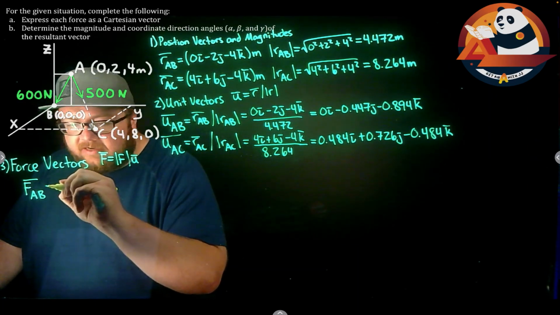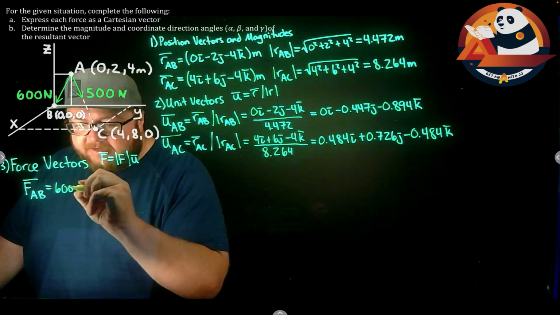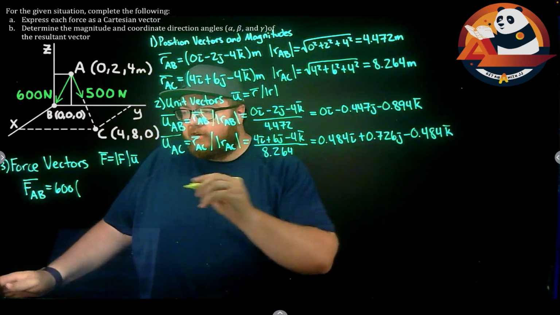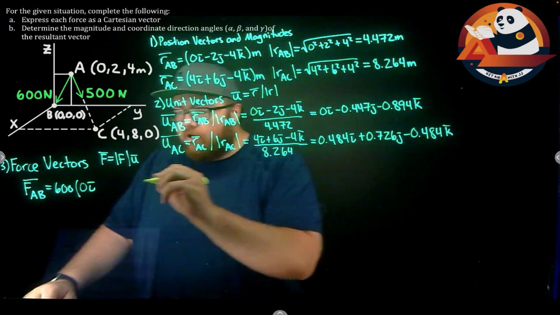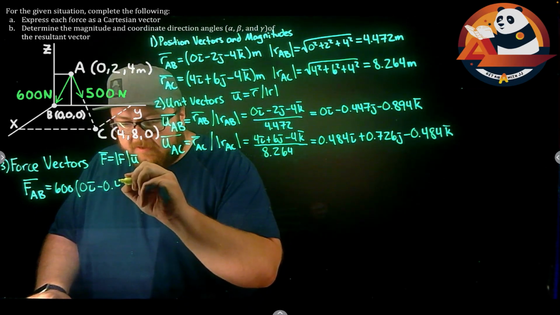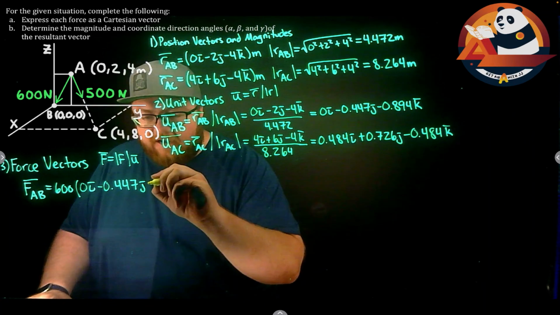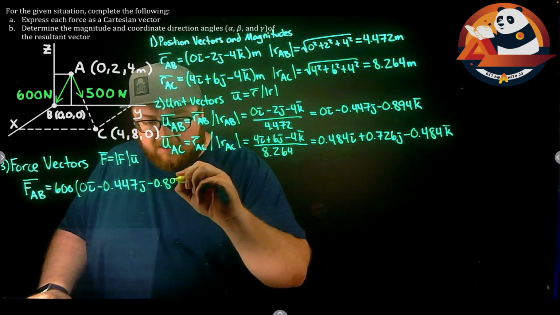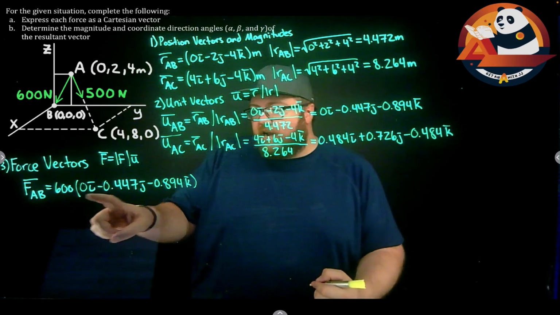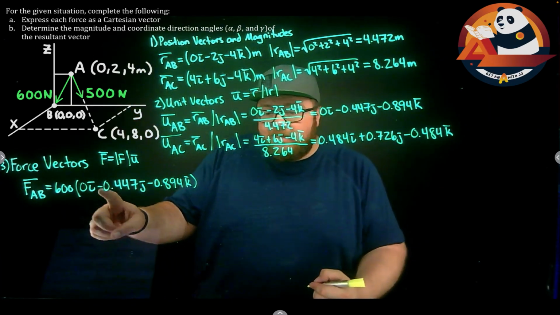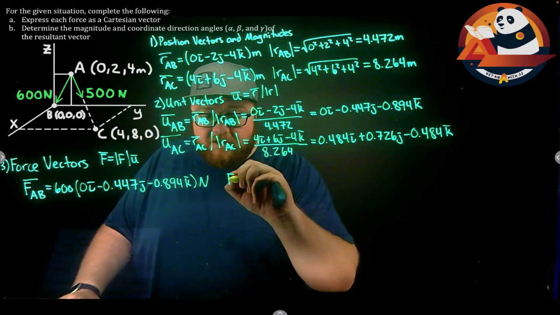My force vector from A to B is my magnitude, 600, times that unit vector, 0i minus 0.447j minus 0.894k. My units here are newtons times something unitless, so I should get newtons out for my force vector, and this is one of my answers.